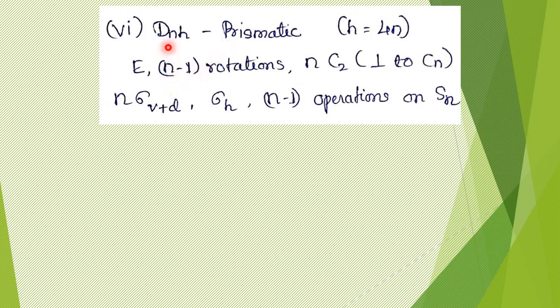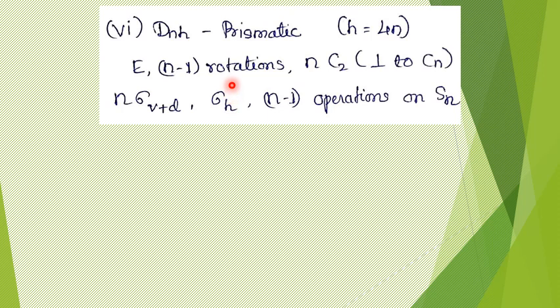Of course, in the case of Dnh, E, the identity, should be possible, and we have a proper axis, so n-1 rotations should be possible, and it is D, because of which n number of C2s should also be possible. These will be perpendicular to Cn. Along with this, very important, to take the molecule to the Dnh point group, there should be a plane perpendicular to the original Cn axis, the proper axis, the principal axis, whatever we have identified.